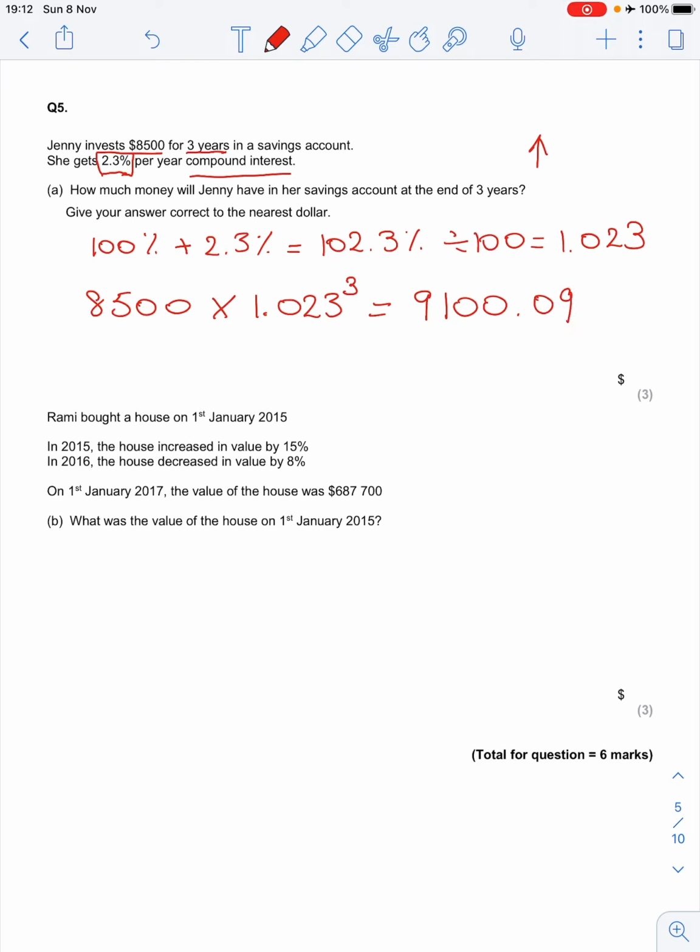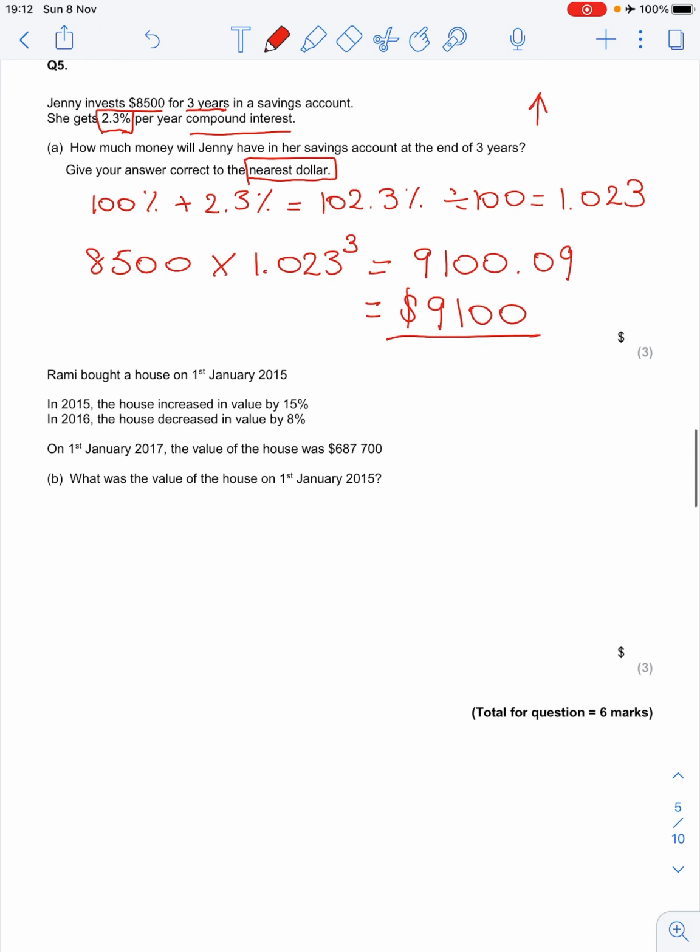But remember, the question wants you to give the answer to the nearest dollar. So a lot of you have given us a decimal point, which loses your mark. So this is equal to 9,100 to the nearest dollar. So this gets you full 3 marks.